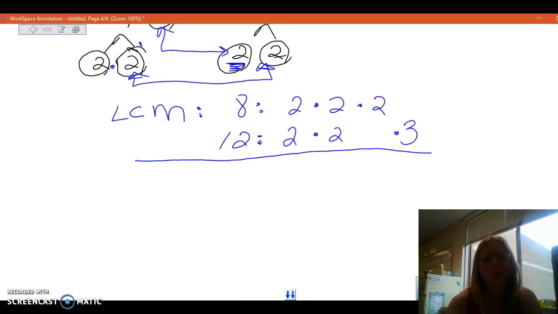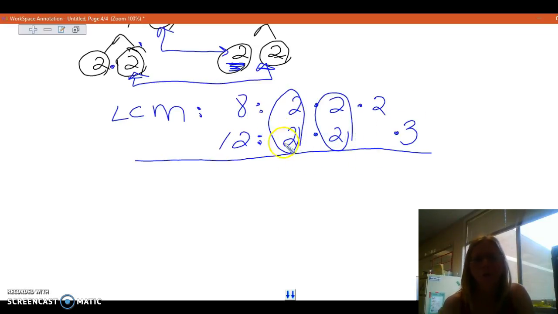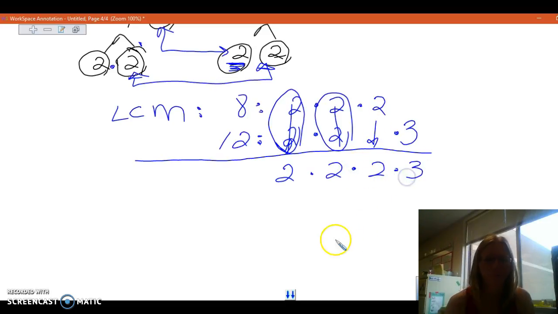So in order to ensure that the least common multiple has all of the factors that it needs, it needs a 2, another 2, a third 2, and a 3. Now all we do is simply multiply these factors. 2 times 2 is 4, times 2 is 8, times 3 is 24.